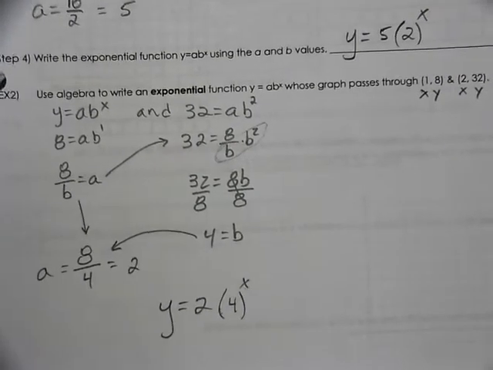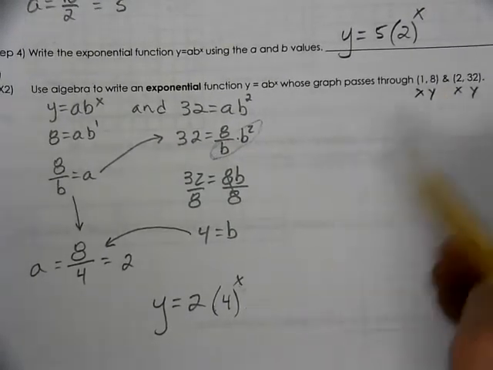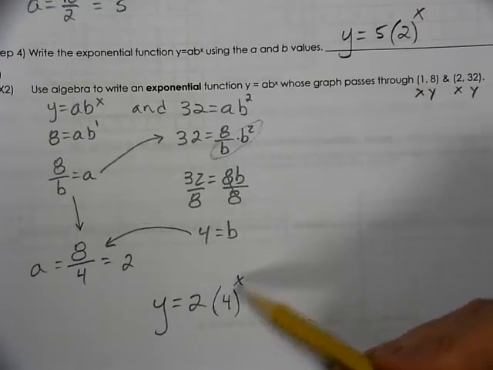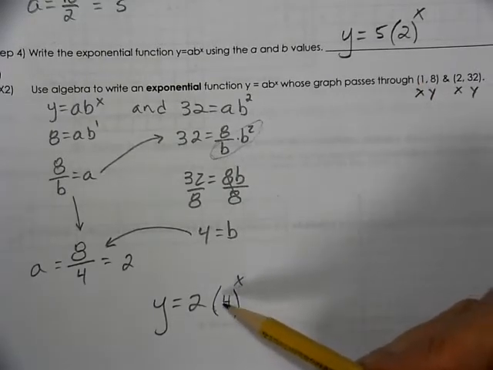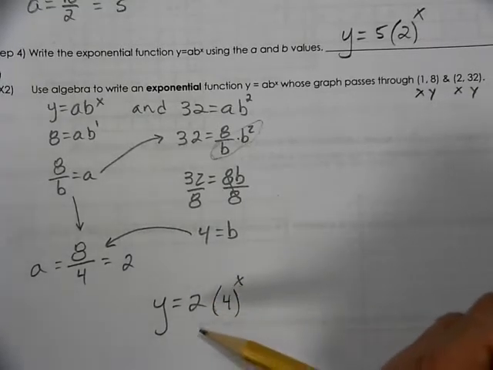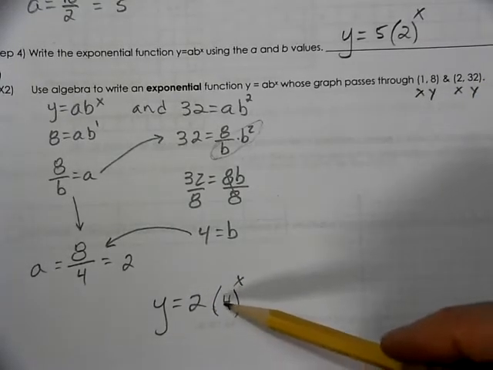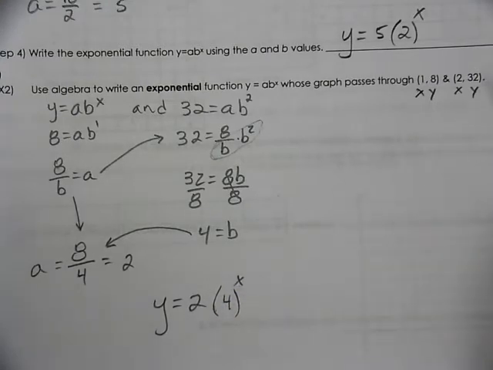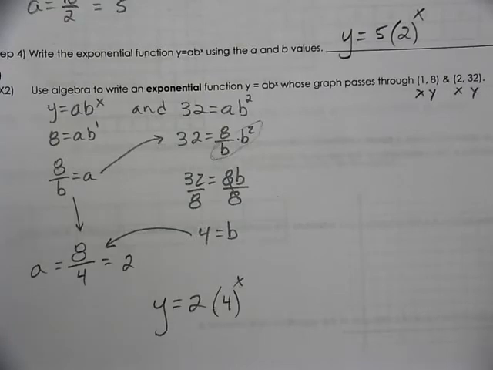You can always test it by taking your points in and seeing if it works. Plug in a 1. 4 to the first power is 4. 4 times 2 is 8. Plug in a 2. 4 squared is 16, times 2 is 32. So you can always verify if these equations are accurate.